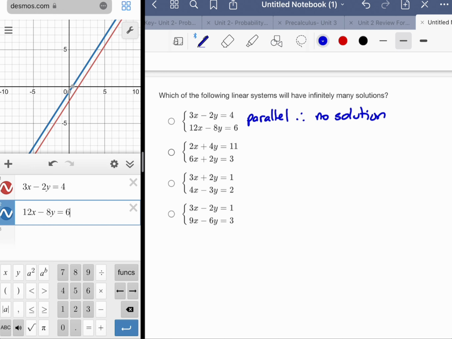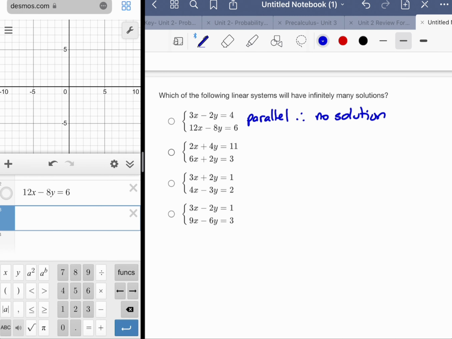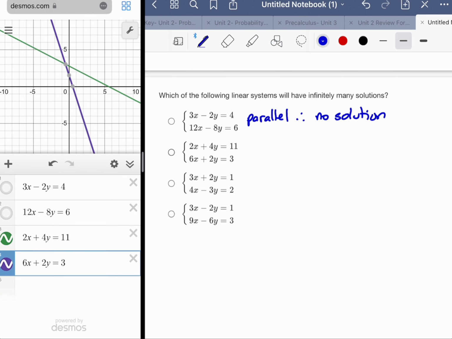Next, 2x plus 4y, and I'll show you the shortcut in a minute because obviously this isn't practical. 6x plus 2y is equal to 3. That would be one solution because there's a clean intersection. So that's not what we're looking for.